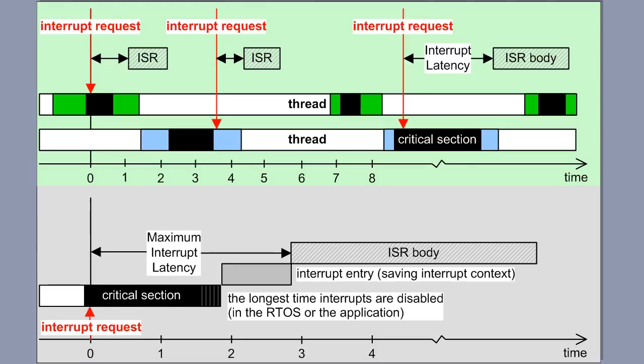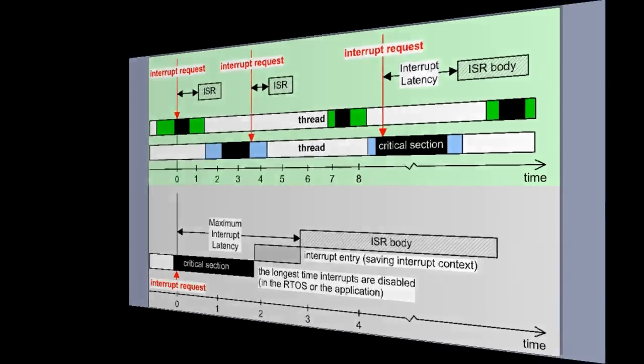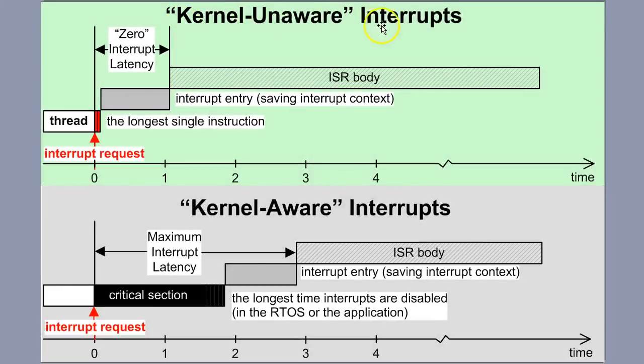If these ISRs do not make any RTOS API calls, they don't run the risk of interfering with the RTOS, so they really don't need to be penalized by the critical sections of the RTOS. This leads to the concept of kernel-unaware interrupts, which are never disabled by the kernel, but also can never interact with the kernel.